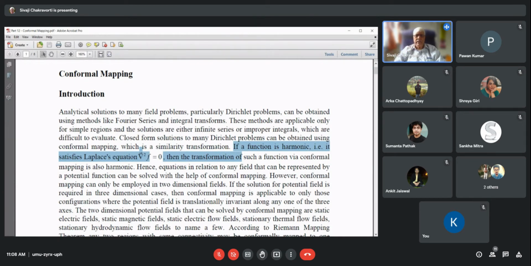And mathematically, it can be established that the transformation of such a function via this conformal mapping is also harmonic. That means this is very important.